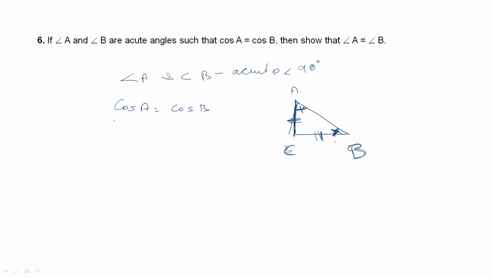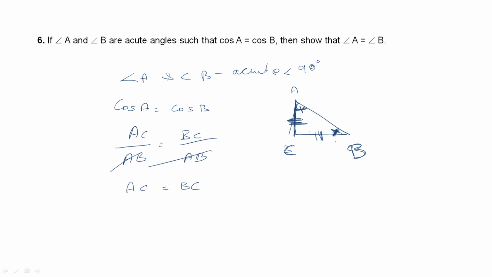Okay, so then it is given cos A is equal to cos B. Okay, so we will derive from the ratio. So what is cos A here? Cos A is adjacent by hypo, so that means AC by AB. So what is cos B? Again adjacent by hypo. Hypo will be same in both, so it will get cancelled. So it means AC will become equal to BC.